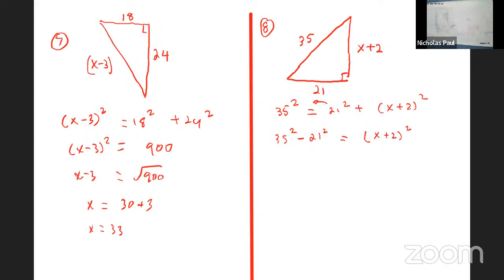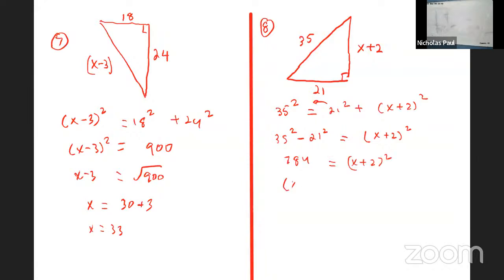So it's 35 squared minus 21 squared. Anybody have that? What's 35 squared minus 21 squared? How much is that? 35 squared minus 21 squared. 784.